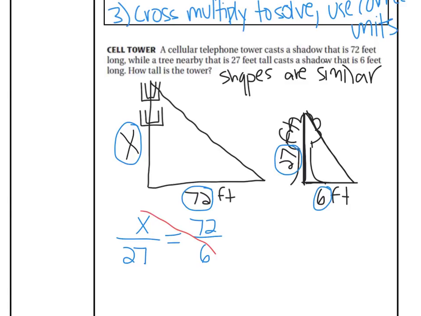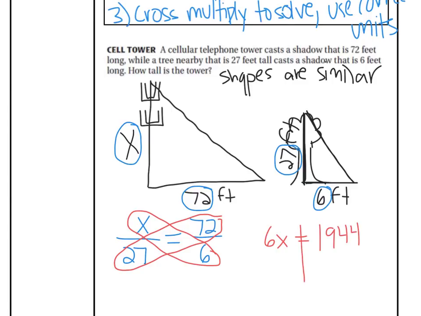So I will do 6 times x and get 6x, and then I will do 27 times 72. I need to break out the calculator for this one, and I will get 1,944. Then I need to solve. It looks like my only step is to divide both sides by 6.